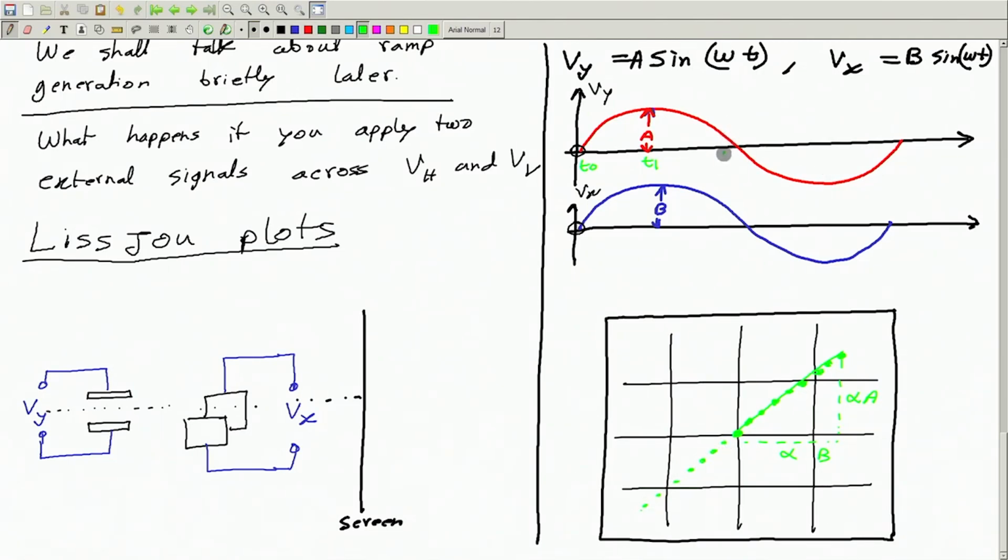Let me mark these points t0, t1, t2 again here, t3 is here, and then from t3 to t4 we will go back. The height will decrease, the x position will decrease. So we'll go like this, come back, this, come back, and this will repeat. So this is the plot that we shall see on screen, right? Okay, now let's take another example.